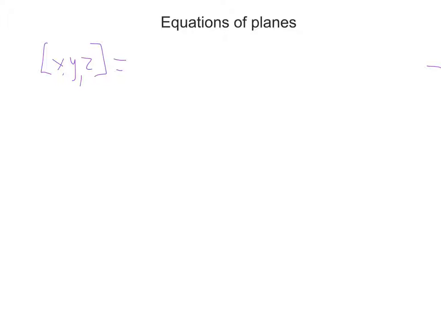And so that's a big difference because when we did the line, we only had one point and one vector required. Now you need one point along with two vectors, and those two vectors cannot be parallel, okay?